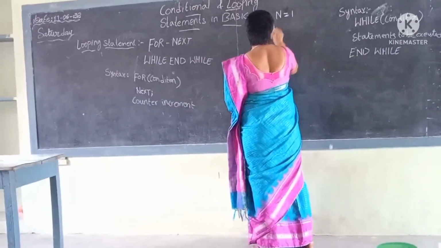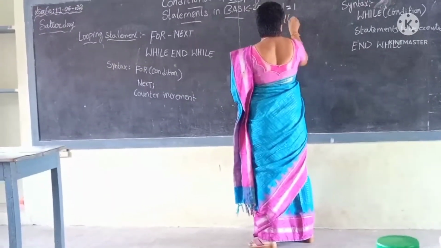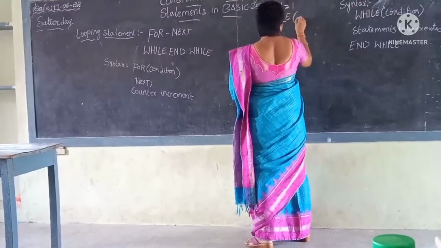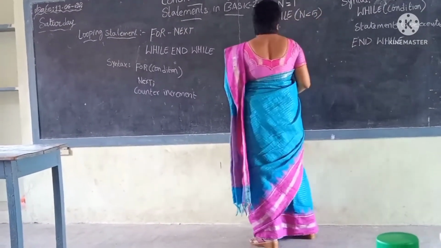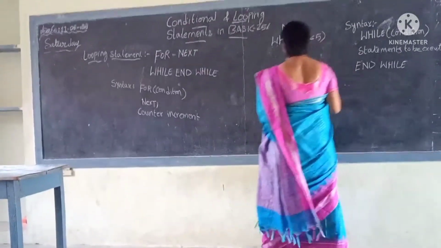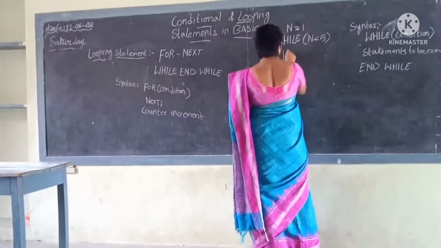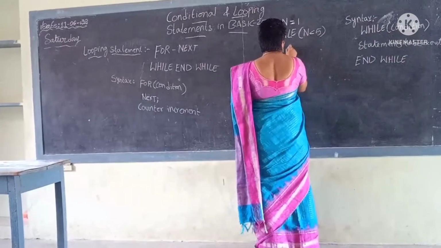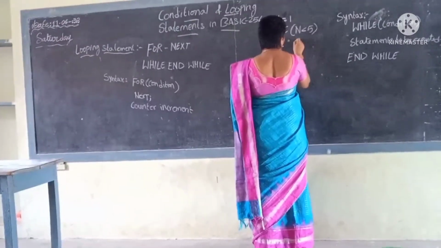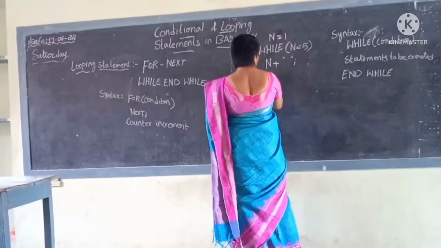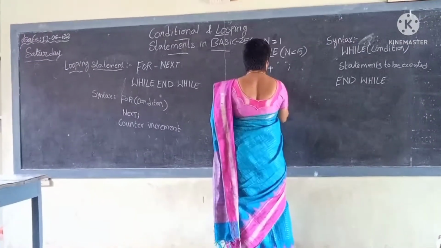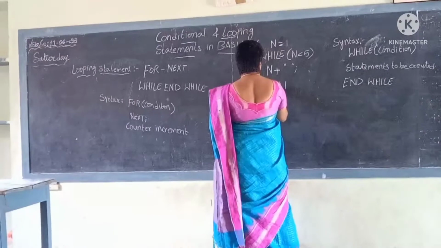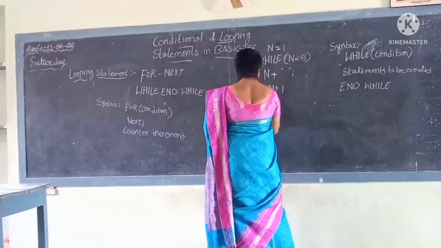So the while condition we have to give: while n less than 5, n will get incremented here, n equal to n plus 1, and this will check the condition.